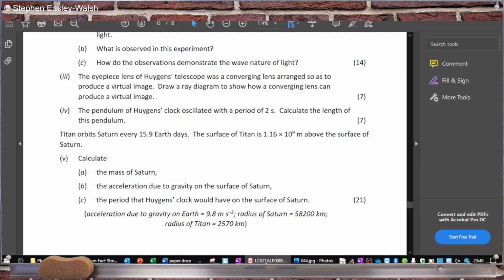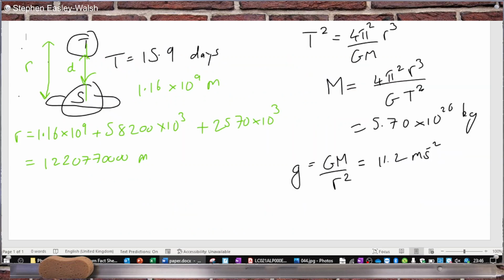And then the mass is 5.70 times 10 to the power of 26. Double check. Yeah, well, that's what I'm getting.